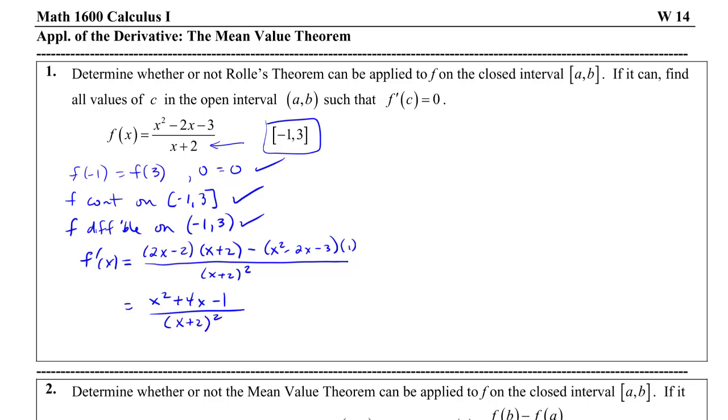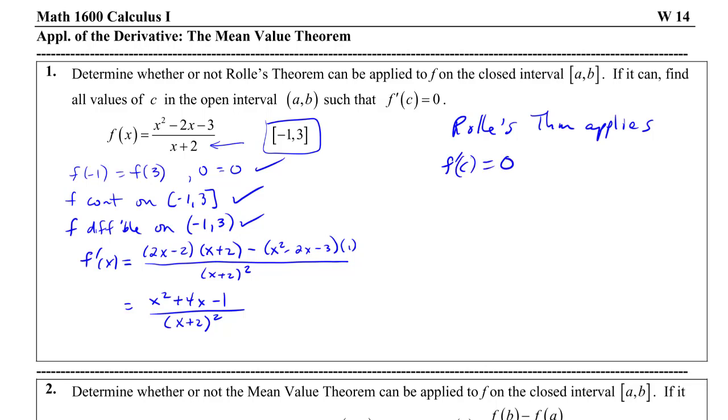So what we do see is indeed the only place that the derivative has an issue is -2, which is also not on this interval, so we're okay. So Rolle's theorem applies.